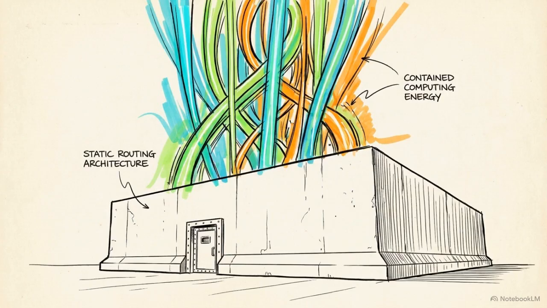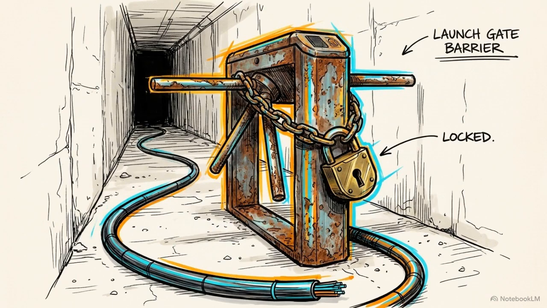Deploying cloud-native roaming at scale is only viable when the intense dynamism of hyperscaler computing is securely hidden behind rigid, telco-grade static routing architectures.